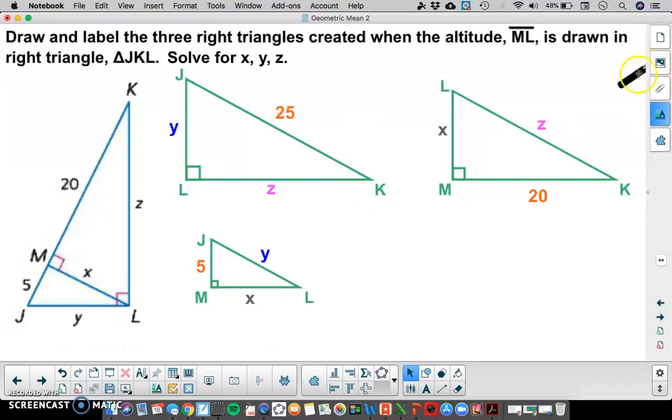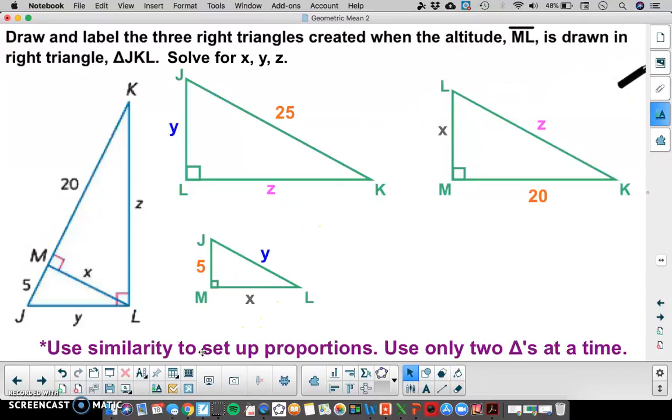What I want you to do now is use proportions to solve for X, Y, and Z. You're going to use triangle similarity to set up those relationships. Use only two triangles at a time.